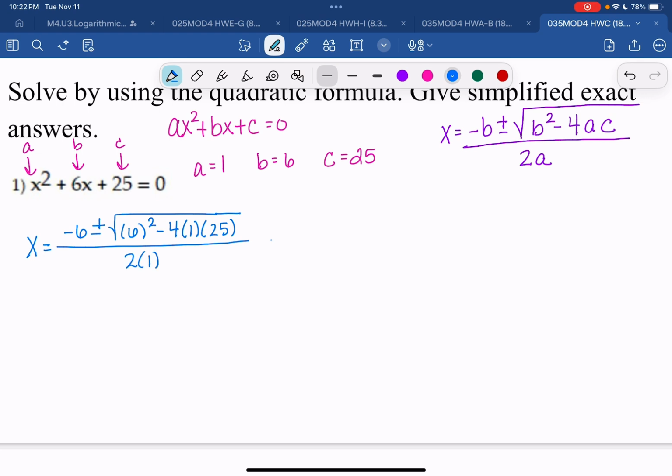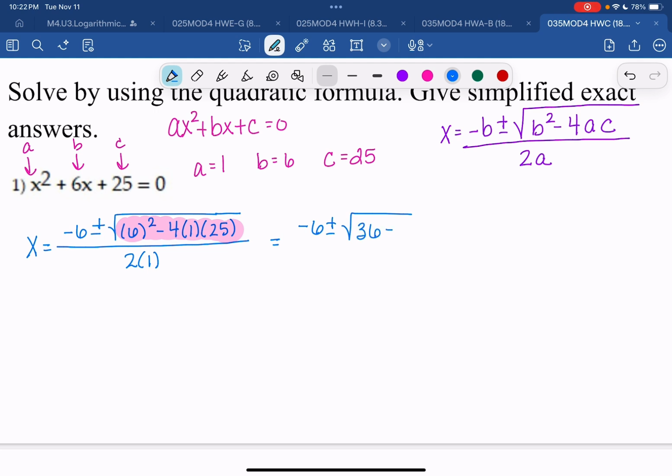When you're cleaning this up, you want to start by doing the inside of the square root first. So always start by cleaning this part up first. 6 squared, we're going to do that first. That gives us 36.